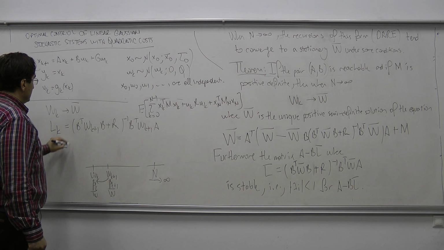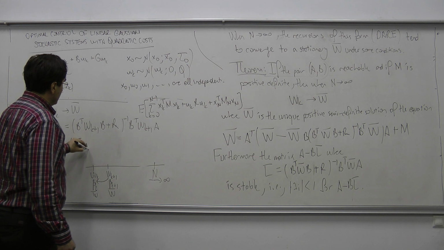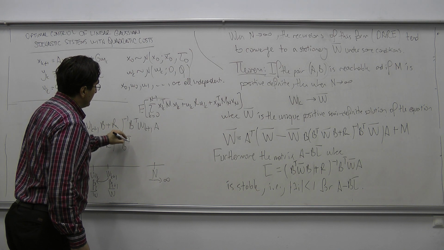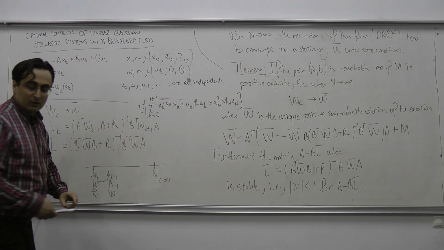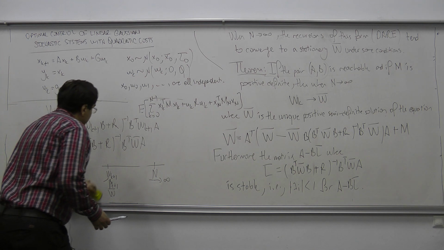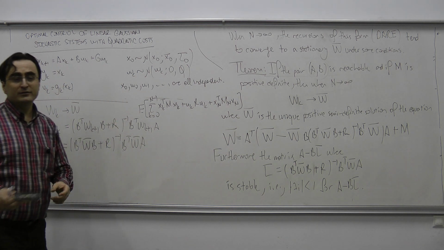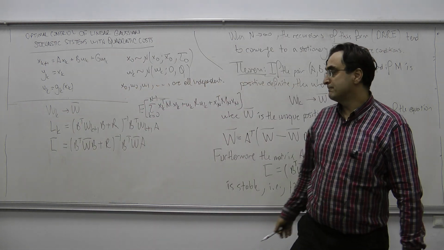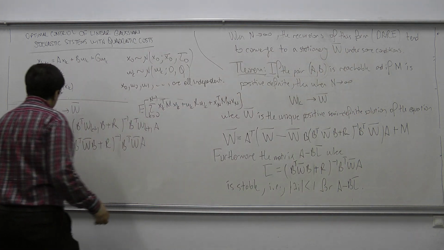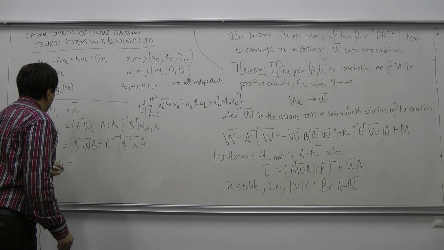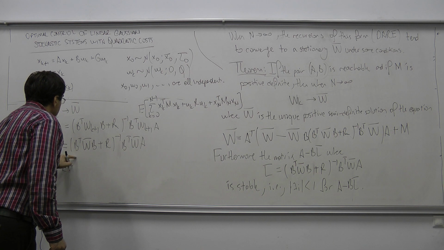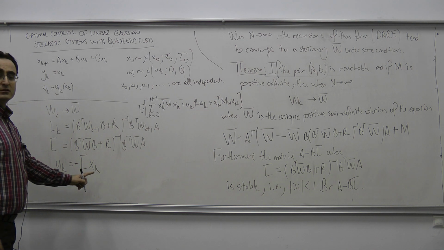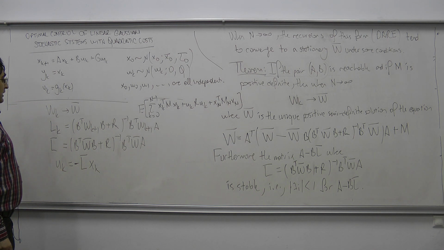L bar would become B transpose W bar B plus R inverse B transpose W bar A. So our state feedback gain also converges to a constant feedback gain. So our control becomes time invariant. And in that case, our stationary control law would be UK equals minus L bar times XK, a stationary relationship between XK and UK.